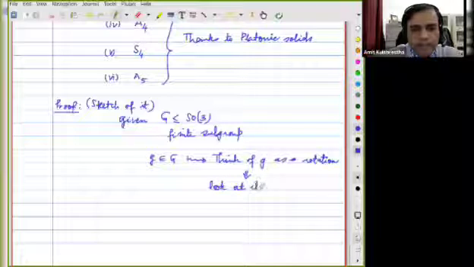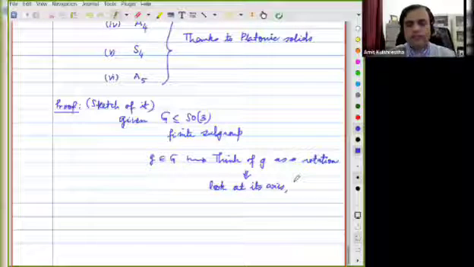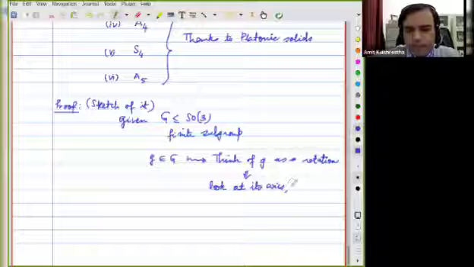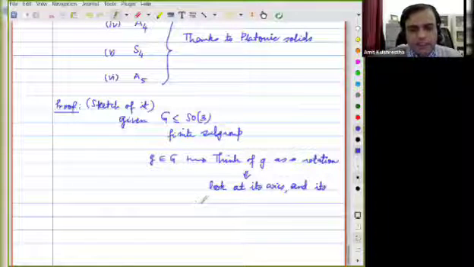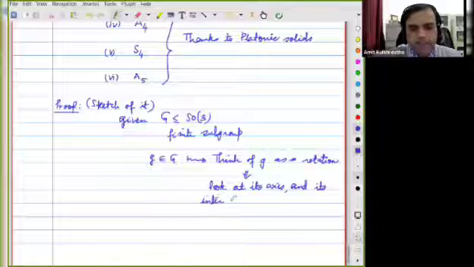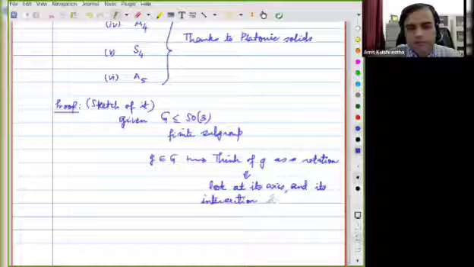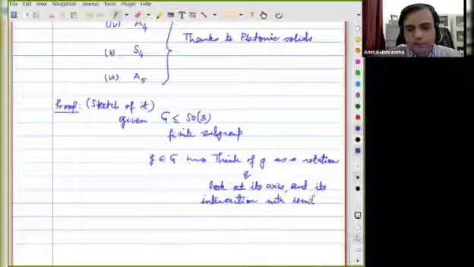Look at its axis, and you can prolong the axis if you need, and its intersection with what everyone calls the unit sphere.